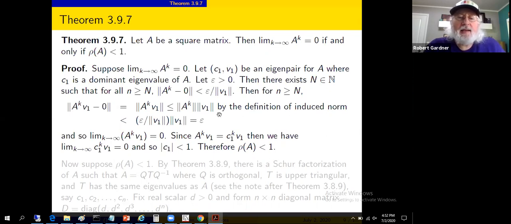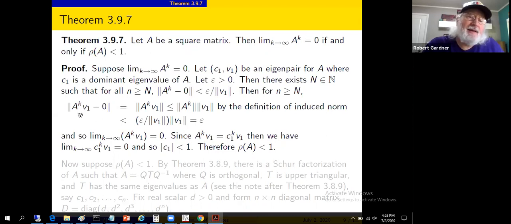We had the norm of A to the k power less than epsilon over the norm of v1. So we can replace that norm with epsilon over the norm of v1. The norms of v1 cancel. We get epsilon. We just showed that for all epsilon greater than 0, there's a natural number capital N such that whenever the index n is at least that big, we get the norm of the difference less than epsilon.